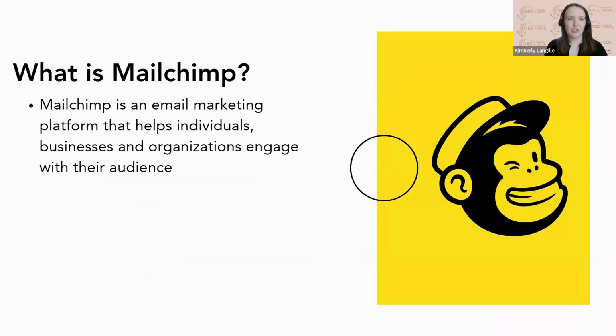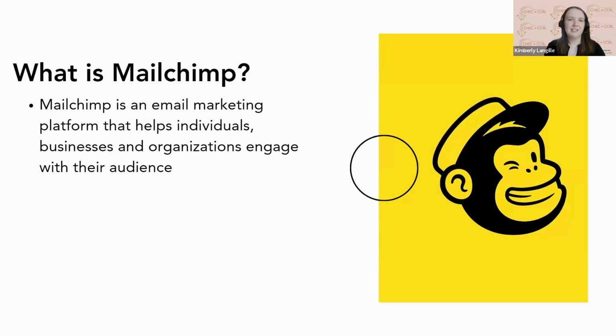So, what is Mailchimp? Mailchimp is basically an all-in-one email marketing platform that helps individuals, businesses, and organizations engage with their audience. It also includes automation features.